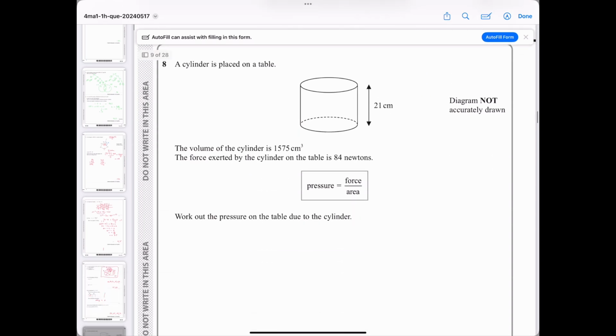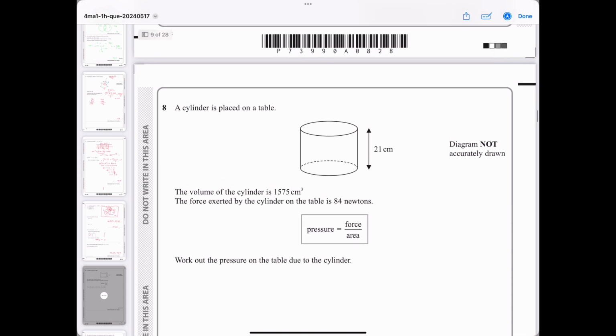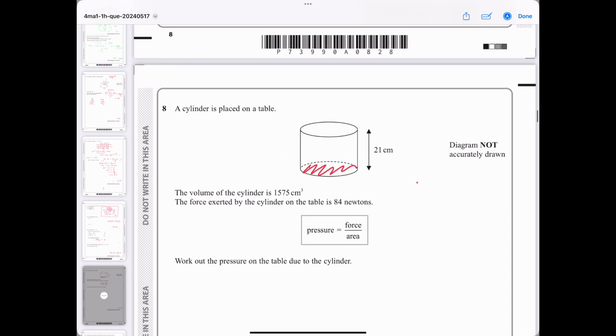Okay, now, the cylinder is placed on the table. The volume of the cylinder is 1575 and it's got a height of 21. So that means the area at the bottom is going to be 1575 divided by 21. And I think we're going to have to find that because this is about pressure, and that means we're going to use force and area.